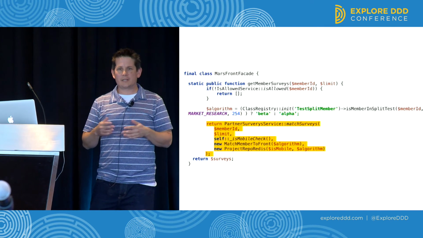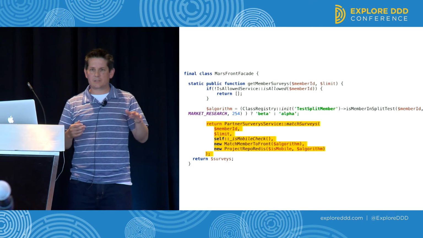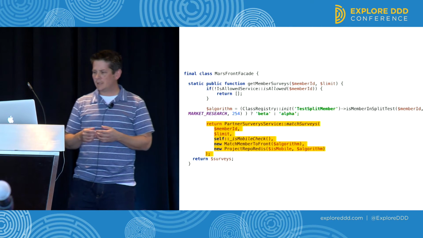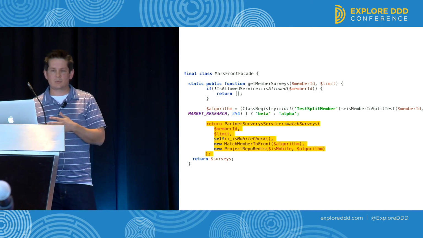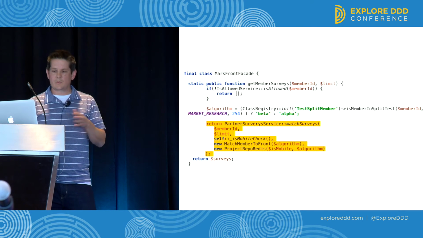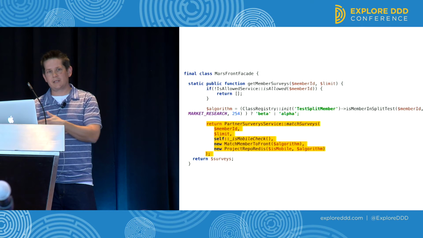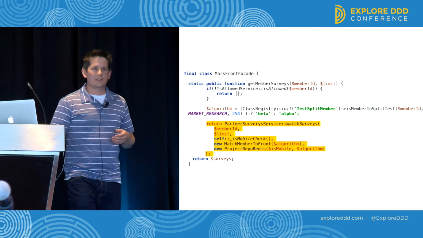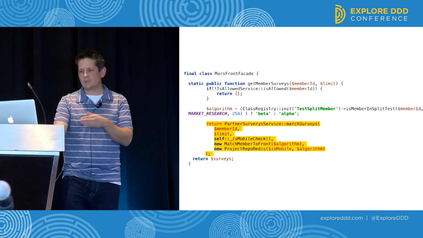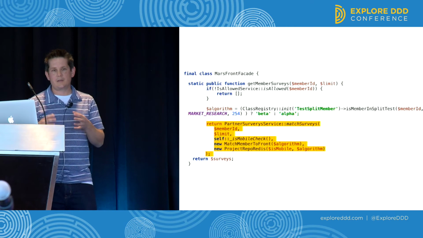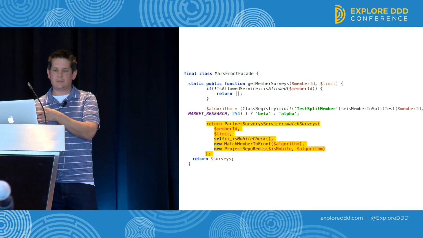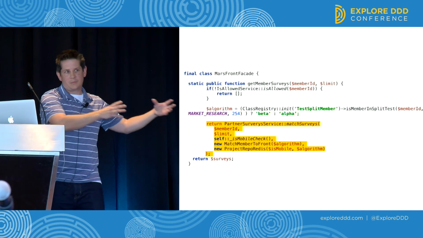We have fraud detection, where we don't want some members to even see surveys, and we have a split test happening where we want to pull that in. You're also able to pass in the repository, and you're able to pass in the mapper class, which will translate the domain to the legacy.